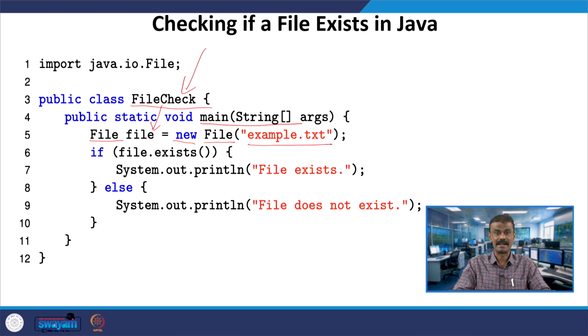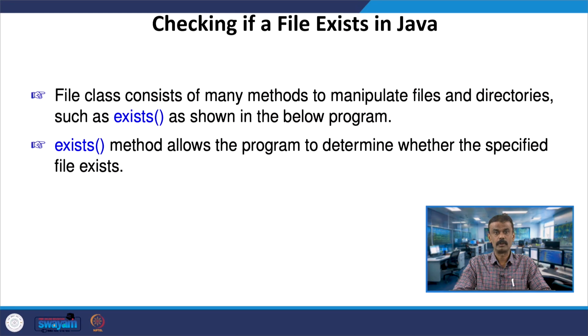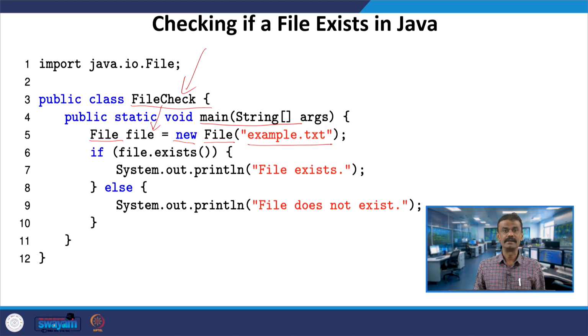So, false means at line number 9 you will get the output "file does not exist". So, when I want to access this exists method, I need java.io.File. So, this is how you can handle it. So, reading, writing and whether the file exists or not, both Java and C++ we have seen so far.